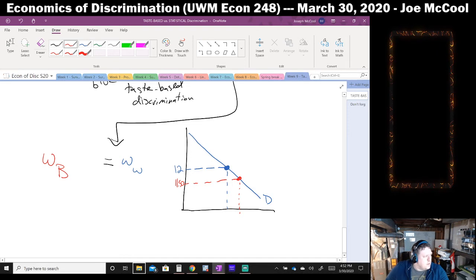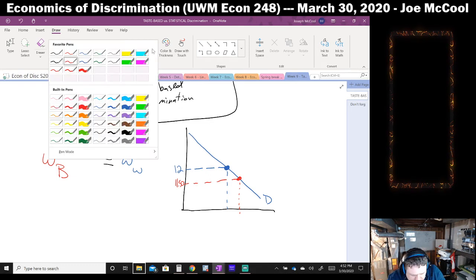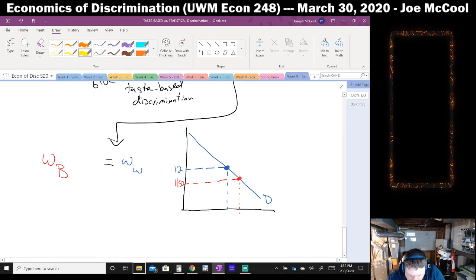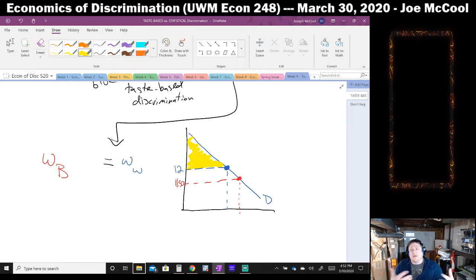Right. So what's happening here? Suppose that we have a firm that has only hired white people. We would have this area up here be their profit, right? Because if we do basic economic modeling, then a firm will continue to hire workers to continue to produce more products right up until that last worker makes them nothing, or until the next worker would actually lose them money.